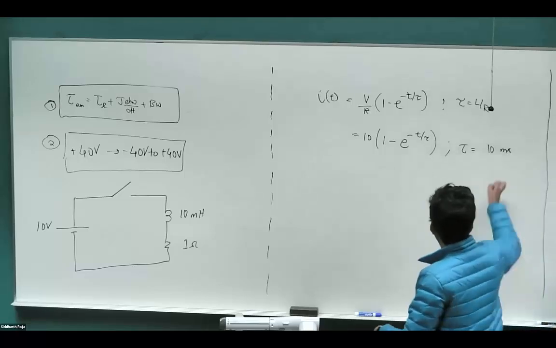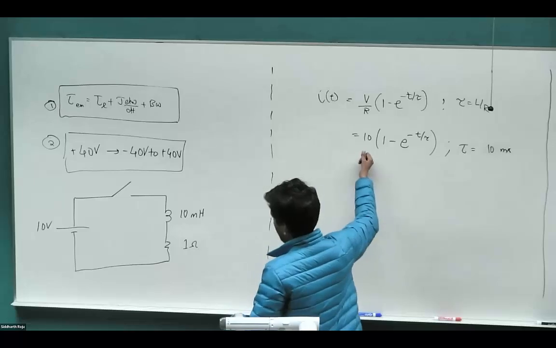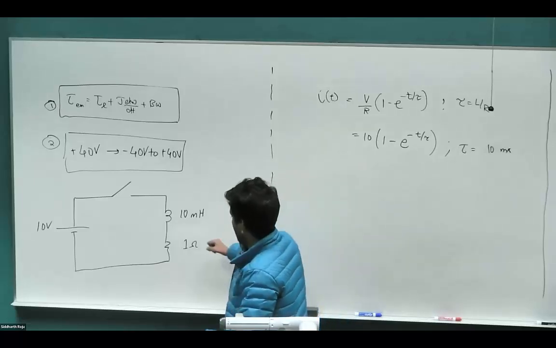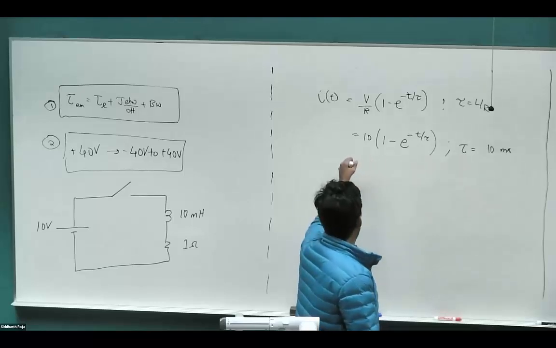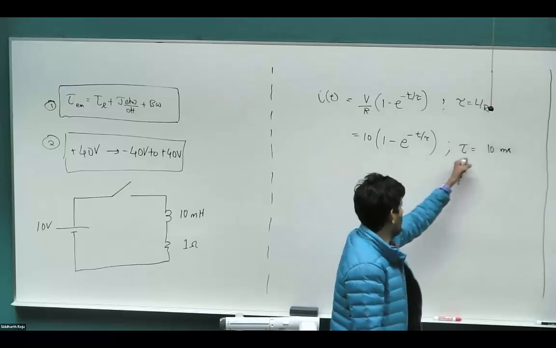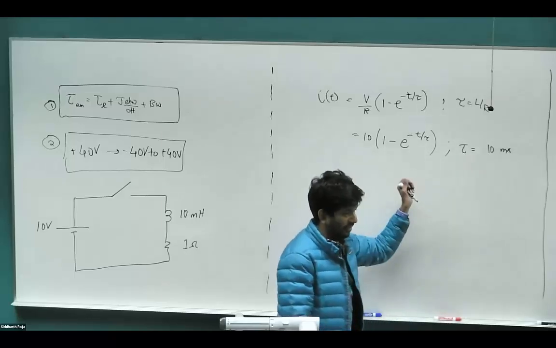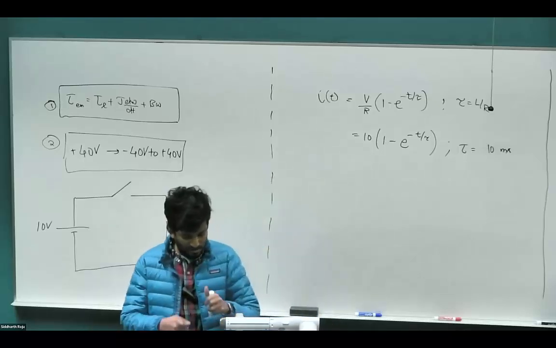So this is the amount of time it would take for the current to go from 0 to 6.32 amps, right? Or if it started rising at the rate at which it was rising at time t equal to 0, by this time it would reach the steady state value if it rose at that rate, which it can't because of the presence of the inductor. Right?